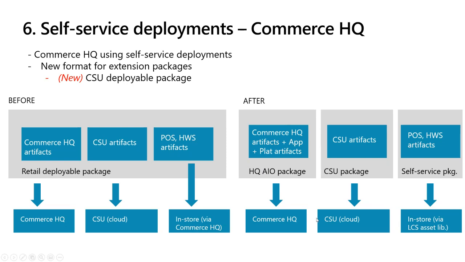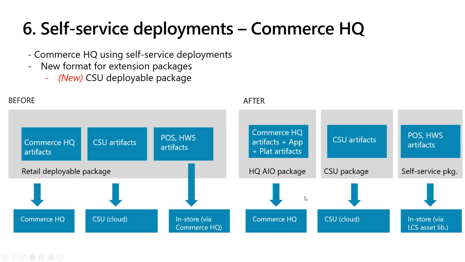And the first big advantage we have is the deployment times for artifacts when you're deploying Commerce HQ packages is going to be substantially lower, because your Commerce HQ artifacts are no longer going to include a very large payload of self-service packages.